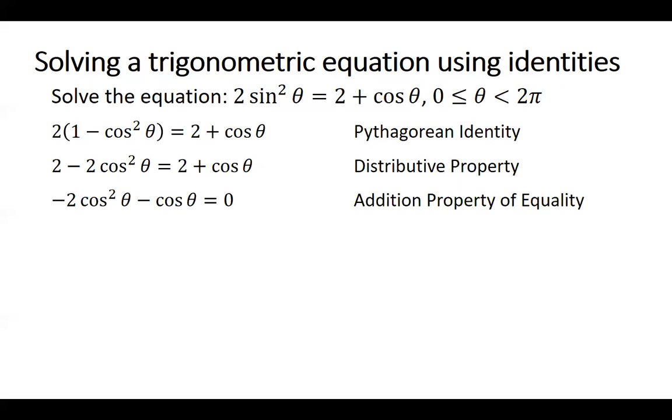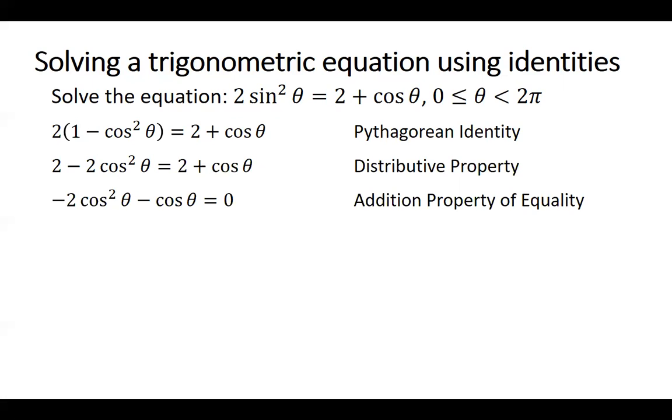Subtracting the 2 from both sides cancels out the 2's, leaving me with negative 2 cosine squared theta, and then subtracting cosine theta from both sides brings in minus cosine theta is equal to 0.